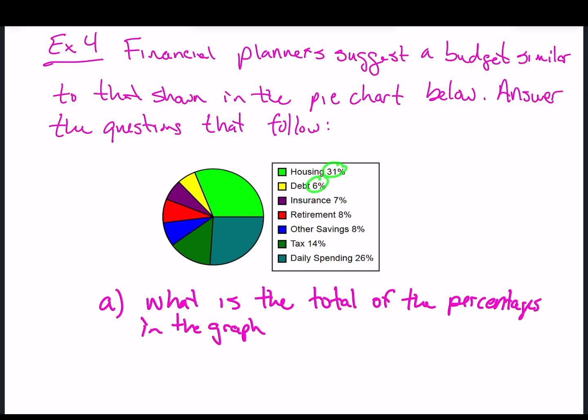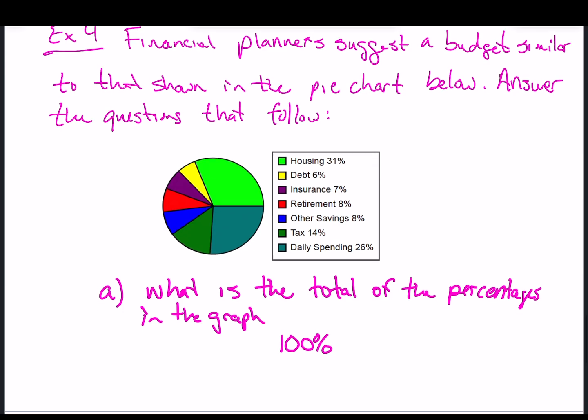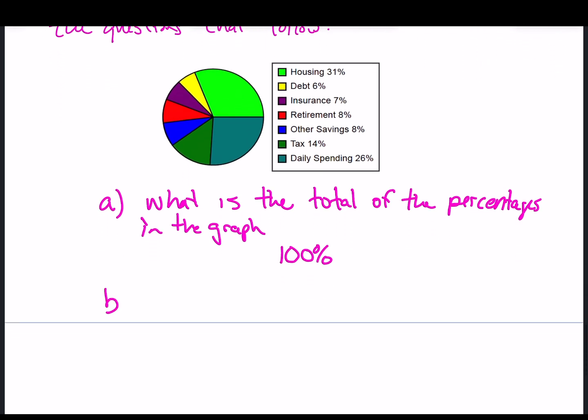So what we can do is we can add these percentages, 31 plus 6 plus 7 plus 8 plus 8 plus 14 plus 26. And when we add all of those together, it's the total pie, so we get 100%.